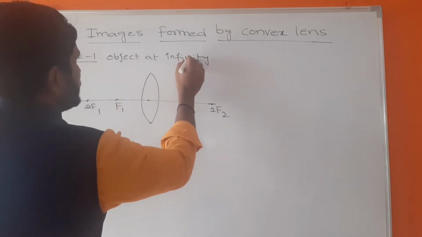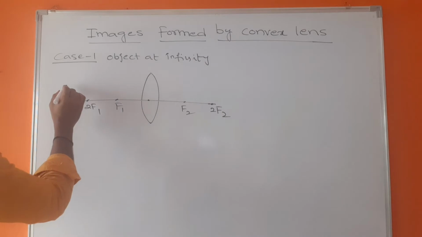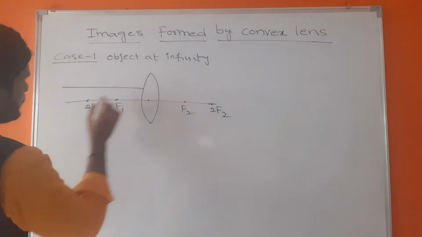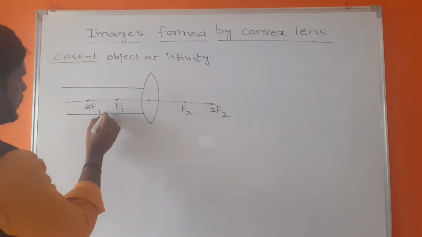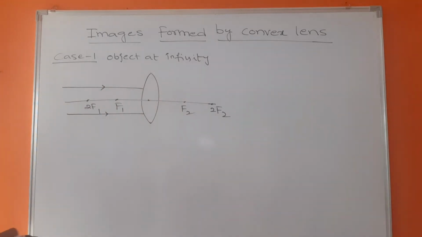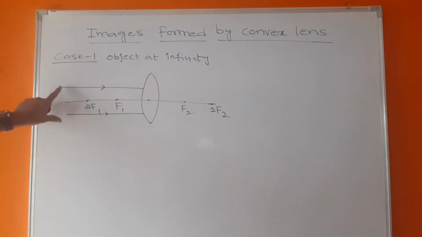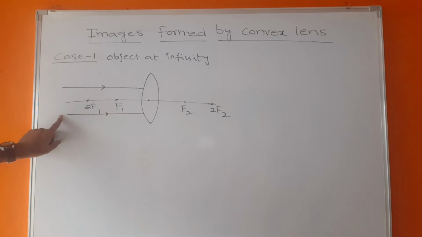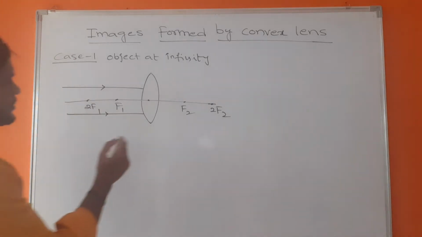Here, AB is an object which is placed at infinity. We can see two incident rays which are parallel to the principal axis.